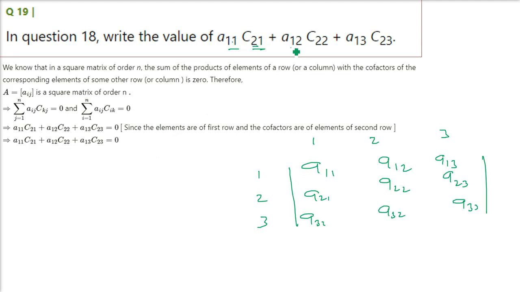You remember, we just talked about A11, the C should be C11. The cofactor has to be the same. The cofactor should be corresponding to that particular value, but it is not the case.